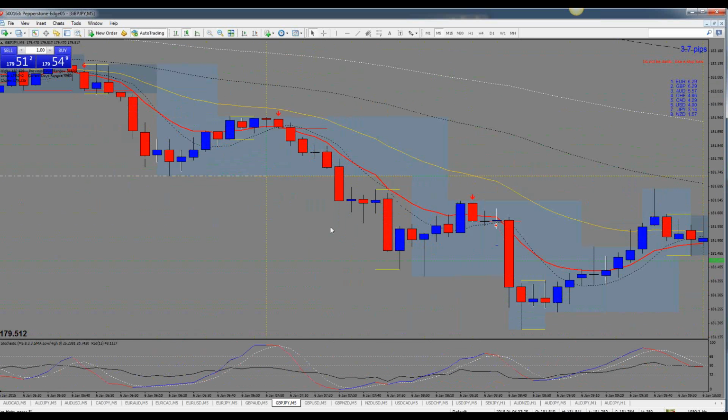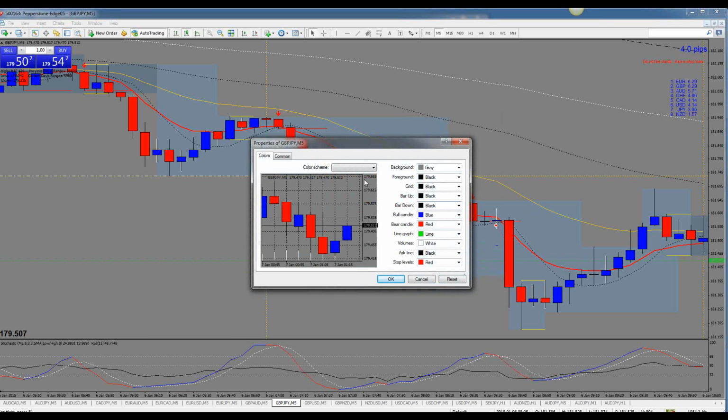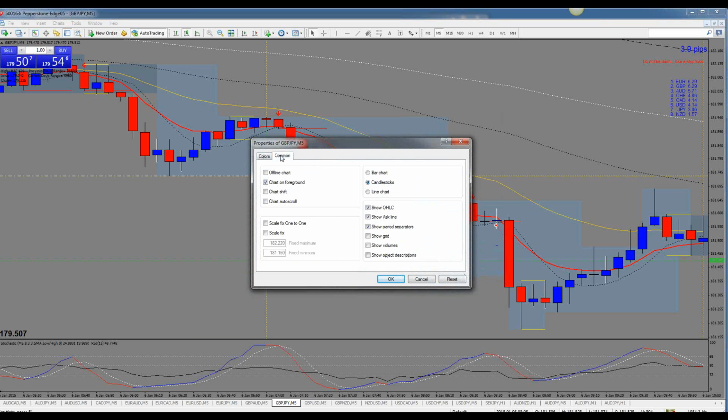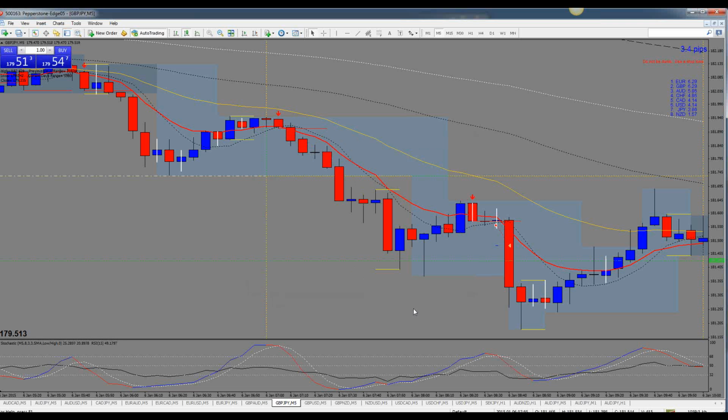Let me make it a little bigger so you can see it. You can take it off the background. Go to properties, go to common, the chart foreground setting there. Take that off. It shows up better that way.